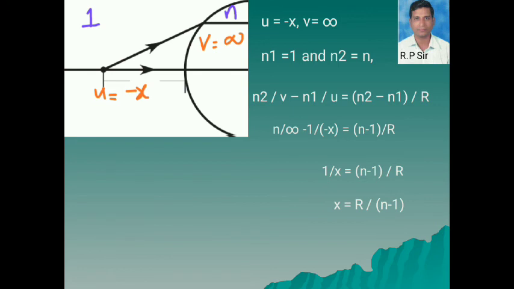Finally, the object distance from the first surface of the sphere is x equals R by n minus 1. That means we have to place the object at R by n minus 1 distance from the surface of the sphere in order to get a real image at the same distance from the second surface of the sphere.